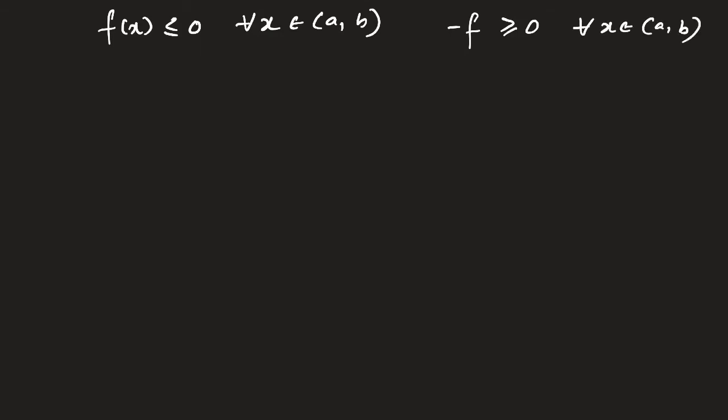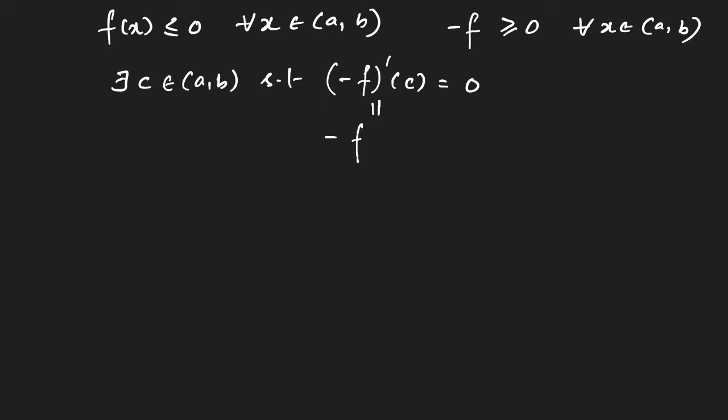From the earlier argument, we see that there exists some c in (a, b) such that (minus f)'(c) is equal to 0. But this is equal to minus f'(c). So at that same point c, wherever minus f'(c) is 0, f'(c) will also have to be 0. And thus we get a point c where f'(c) is equal to 0, even in this case.